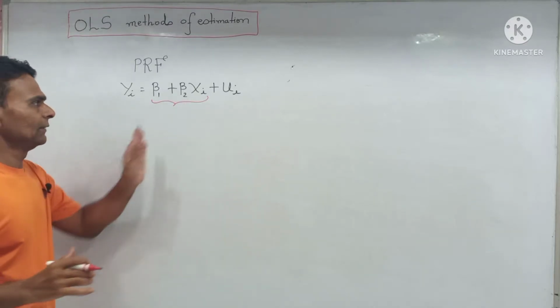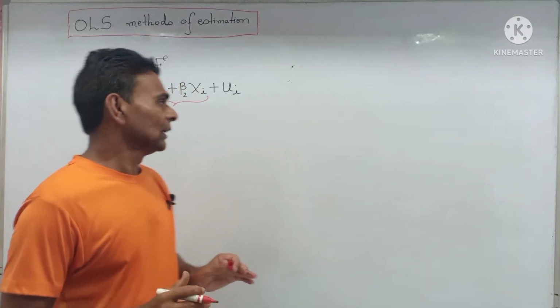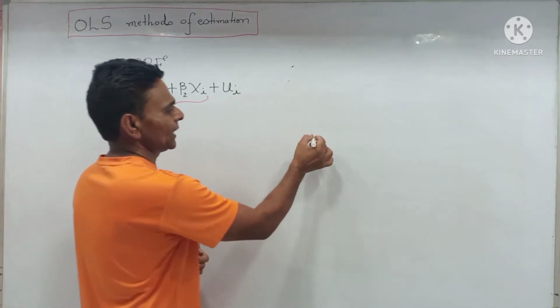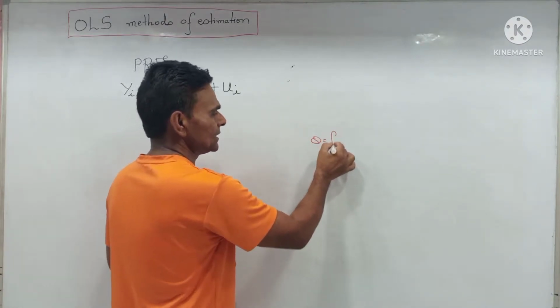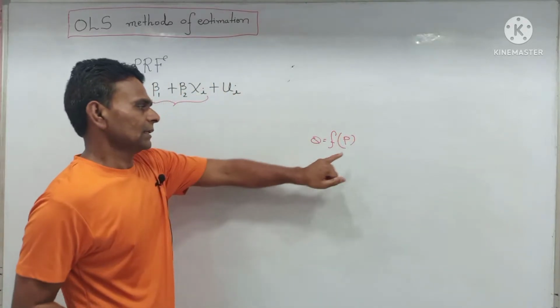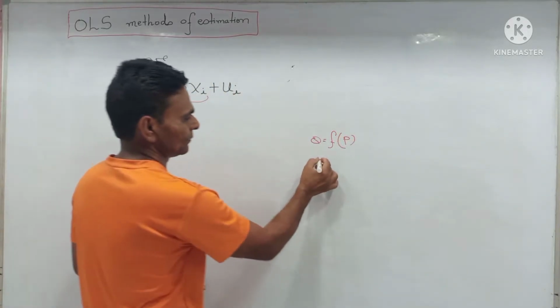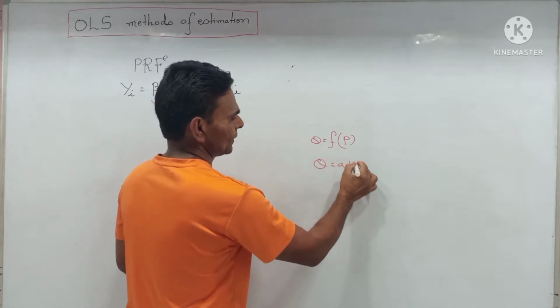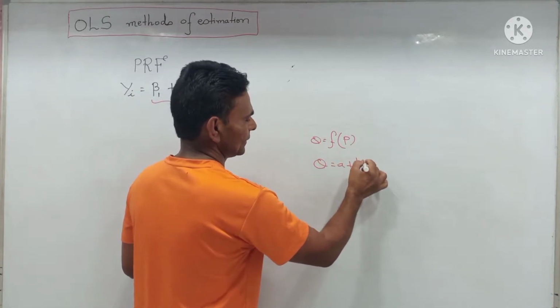Y is the dependent variable, x is the independent variable. Like suppose quantity demanded depends upon price. Here there is a systematic relationship, q equal to a plus bp.